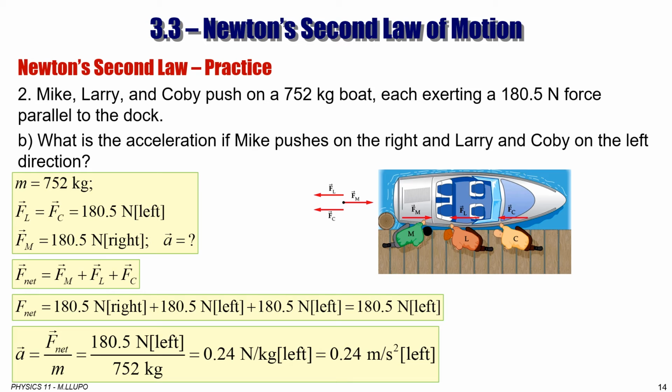Now we are ready to calculate acceleration. 180.5 Newtons left divided by 752 is 0.24 Newton per kilogram left, or as I said, Newton per kilogram is equal to meters per second squared. And that's it.